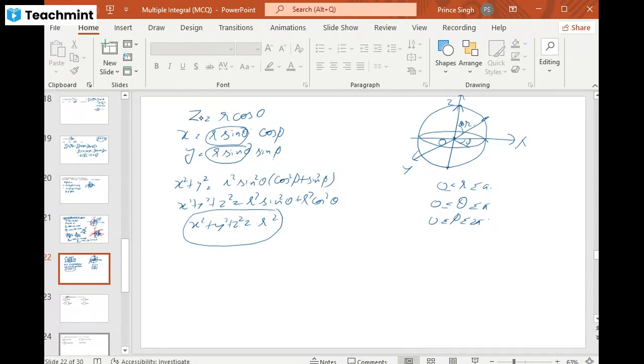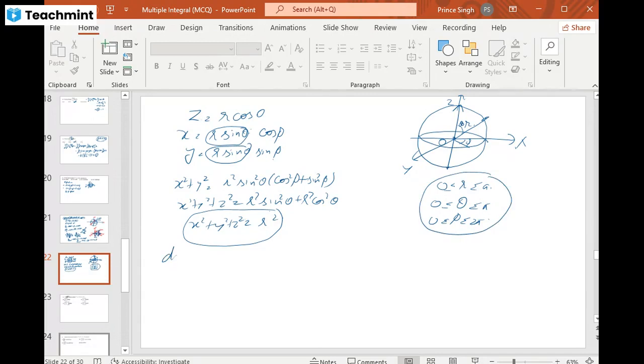So what is r in this case? It is r sine theta. Otherwise, it is a circle only in the xy plane. So the transformation we are using is x equal to r sine theta cos phi, y equal to r sine theta sine phi, and z equal to r cos theta. With this particular limit, we can construct the sphere.